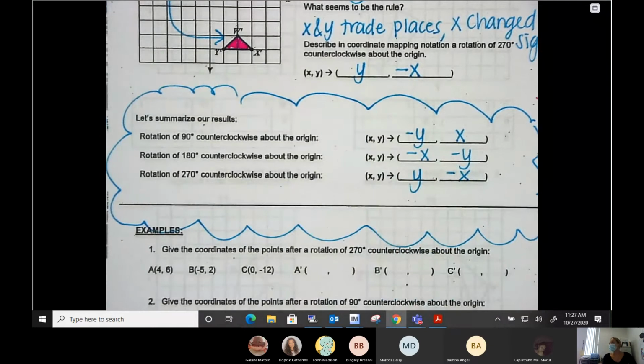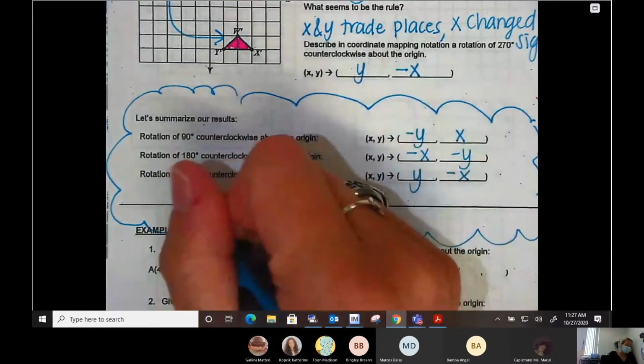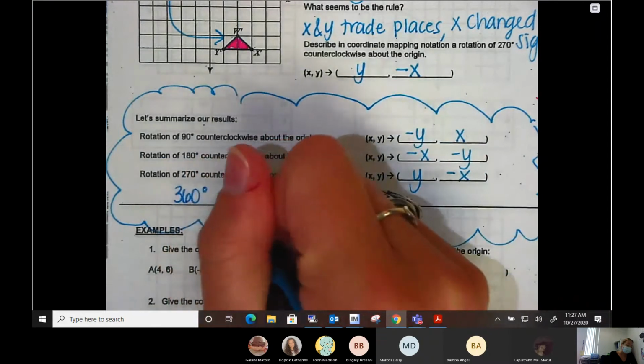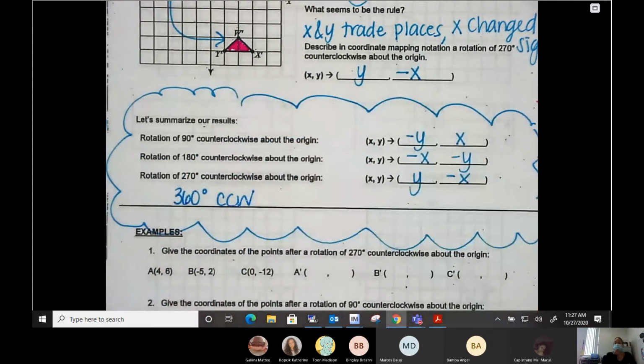Now there's one more type of rotation that you can do, which is a 360 degree rotation. I put CCW for counterclockwise. I don't want to write the whole word out. Now, if you rotate 360 degrees, what are you making? A full circle.